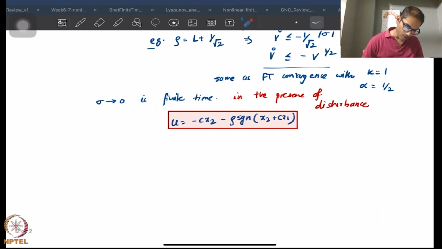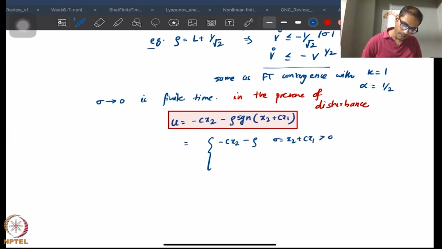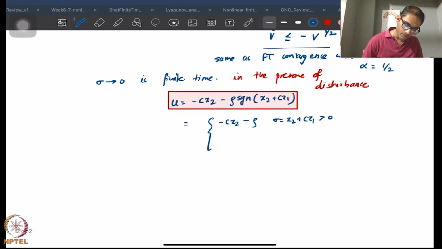This will evaluate to minus cx2 minus rho when x2 plus cx1 is positive, and this will evaluate to minus cx2 plus rho when sigma, which is x2 plus cx1, is negative.